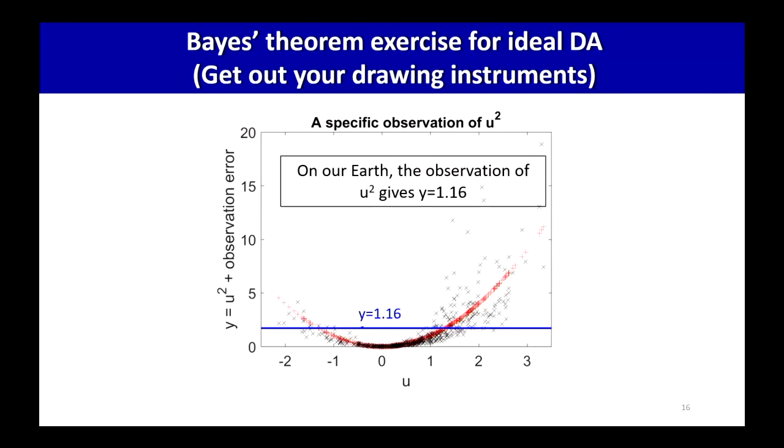As you draw these dots on the page, think of the stochastic process. There's a replicate Earth where the u value was equal to 2.5, and the true u squared value was just the square of 2.5. On that Earth, there's an observation of u squared, and a random error is incurred, so the observation ends up being there. But on this Earth over here, I get a different signed observation error, and it ends up there.